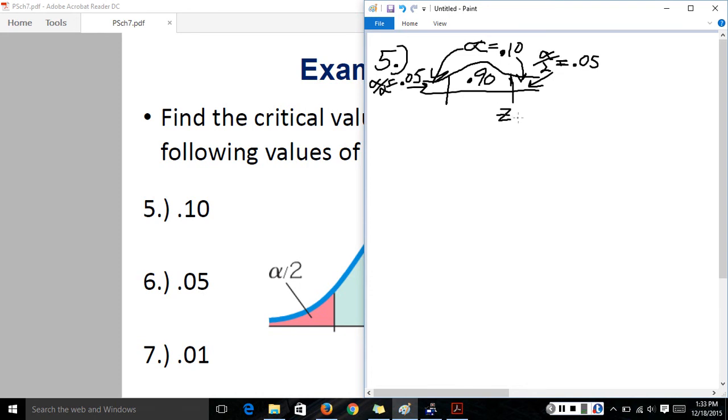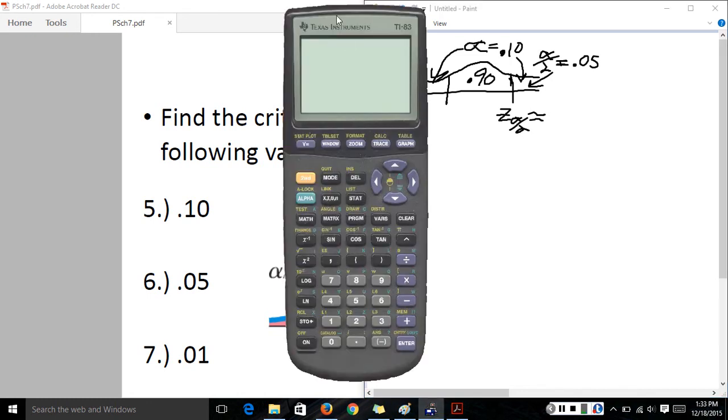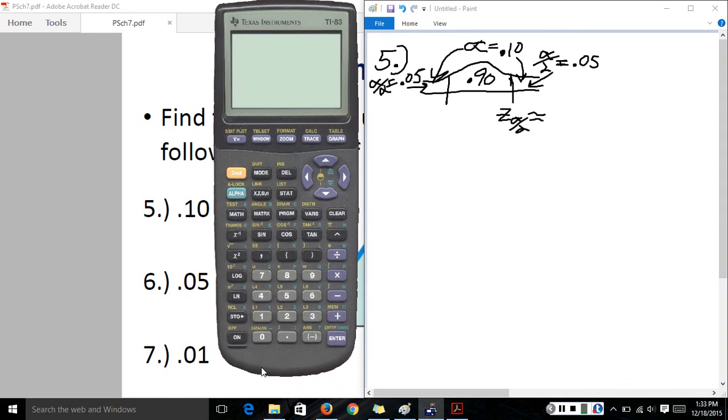And what I want is the z-score, or the standard score, on the right-hand side. Well, this is actually like a Chapter 6 problem masquerading as a Chapter 7 problem. Because if I want a score and I'm given the area under the curve, I can find that using the calculator. I go to second vars, inverse norm, put in the total area to the left.